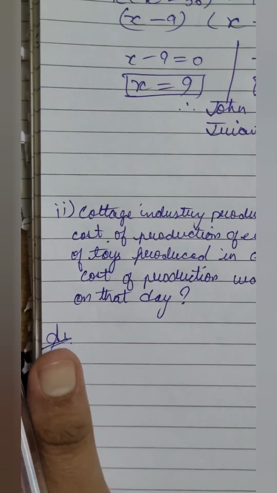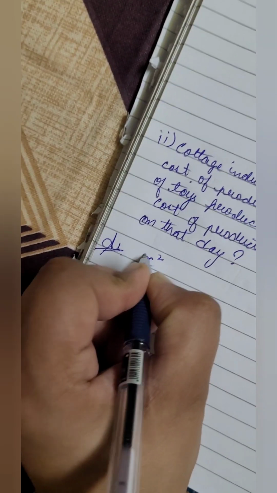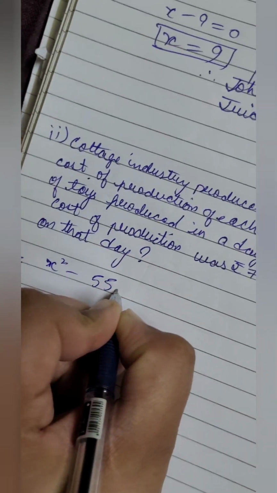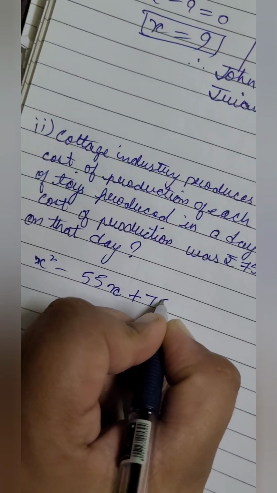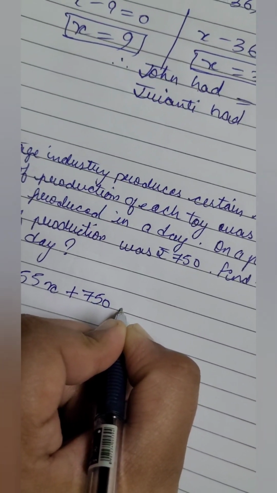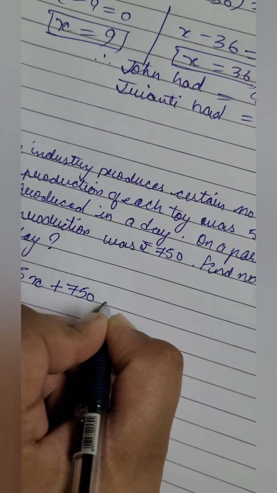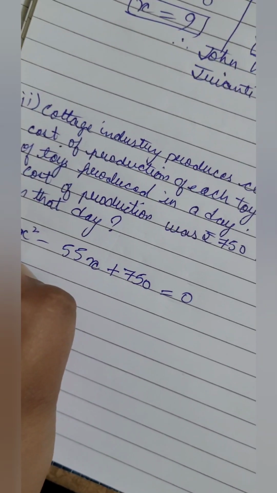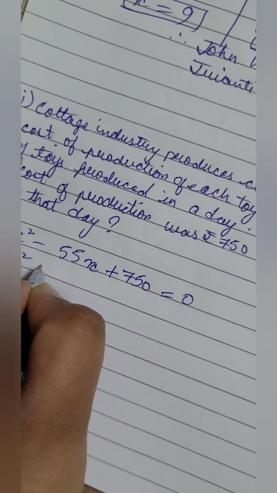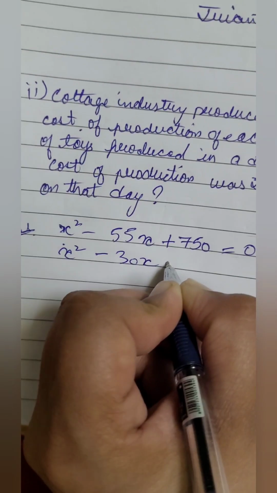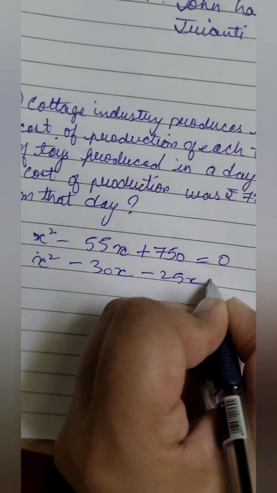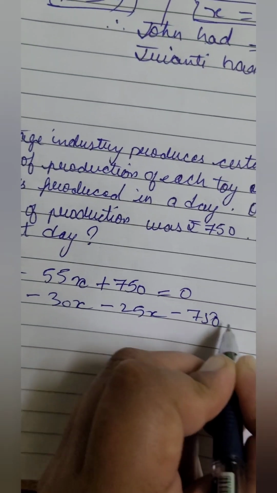So we know that x square minus 55x, where x is the number of toys, plus the total rupees 750 equals to 0. By factorizing we get x square minus 30x minus 25x plus 750 equals to 0.